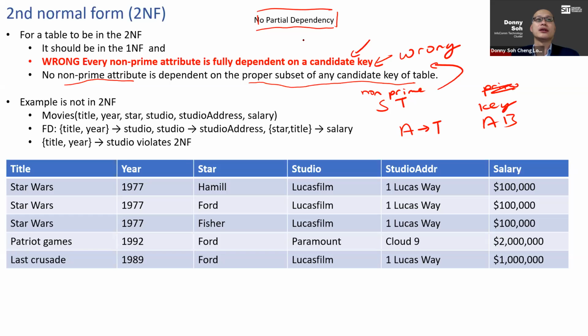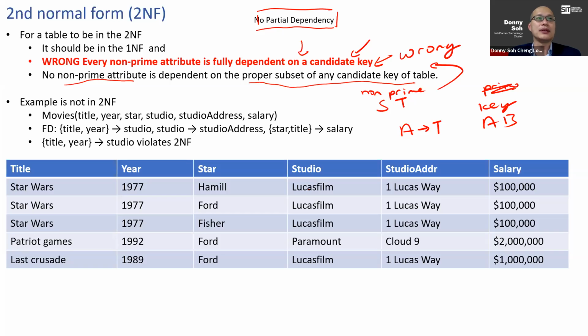This covers this condition, but it is not complete yet. The full condition is that it cannot be dependent on a part of a candidate key on the left hand side. It cannot be a subset of a candidate key.